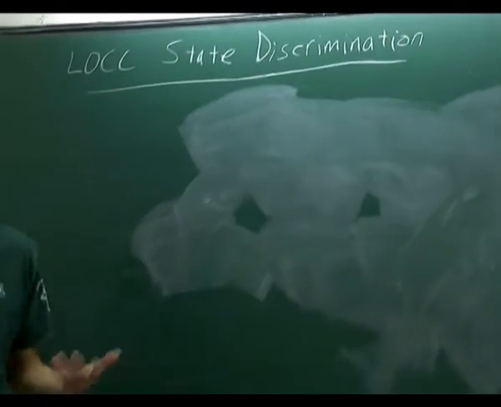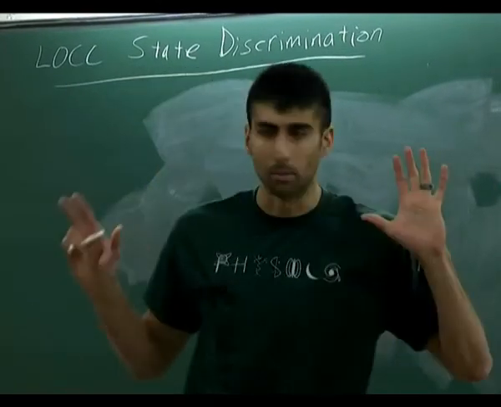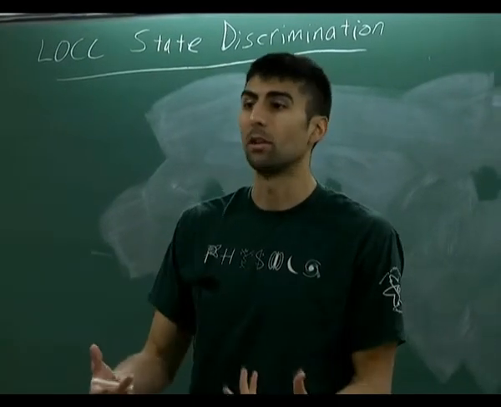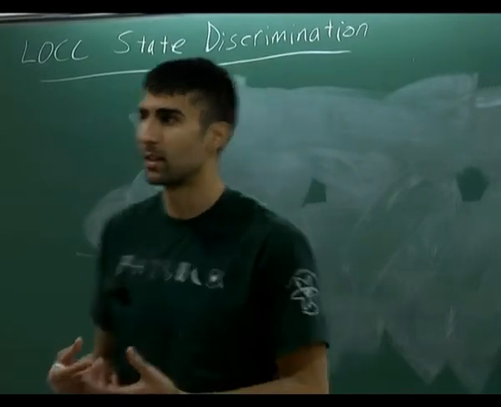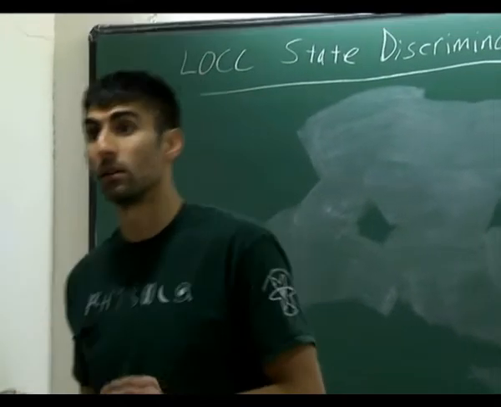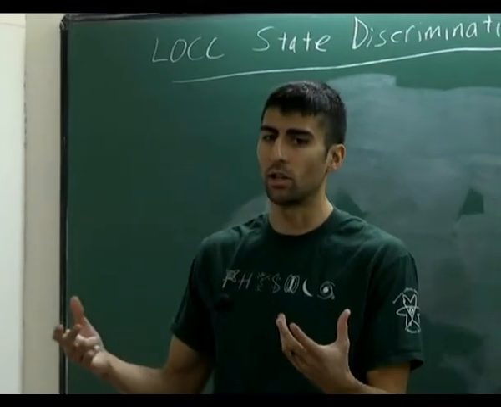Now, talk about state discrimination. Okay, so the problem here is, we'll just focus on bipartite systems. Alice and Bob are given some ensemble of states, and their task is to determine which state in that ensemble they were given. All right, so let me phrase that again. So you have maybe a third party, Charlie.